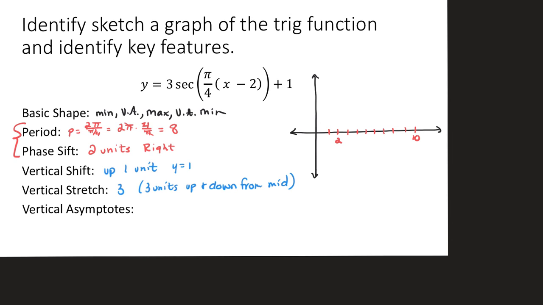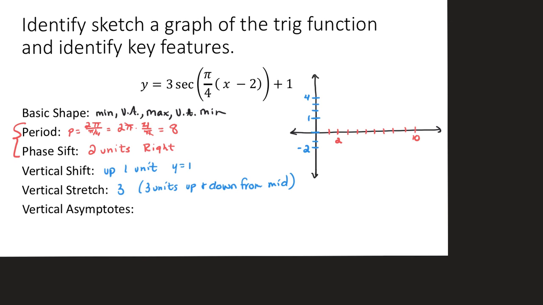My important y values: I do have a midline of 1. And then my amplitude, which is going to create my mins and my maxes, I'm going up 3 units and down 3 units. Completing my basic shape, I'm going to start at a minimum. It's really important to understand that when I say a minimum, I'm not actually starting at the bottom value.